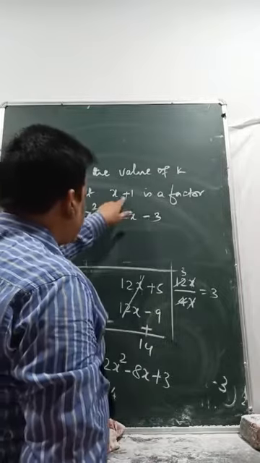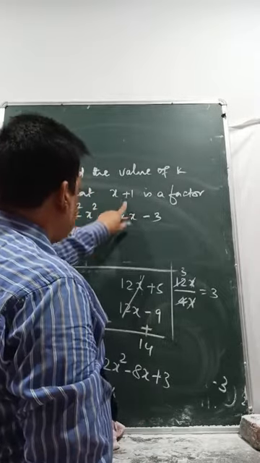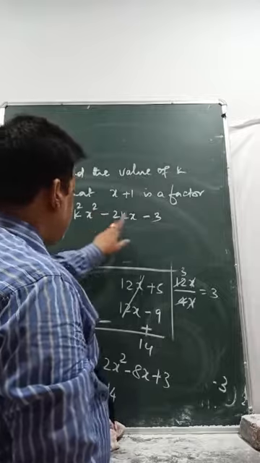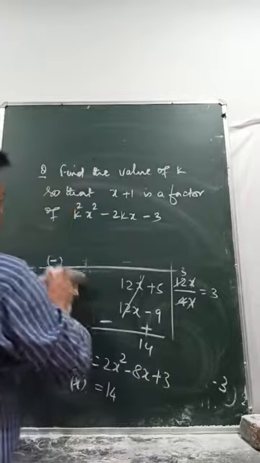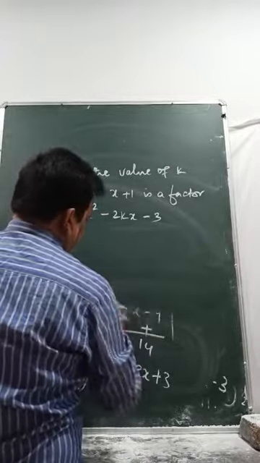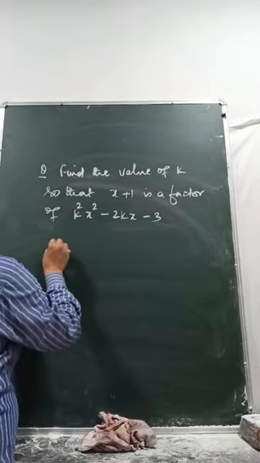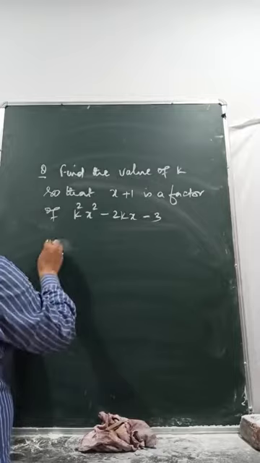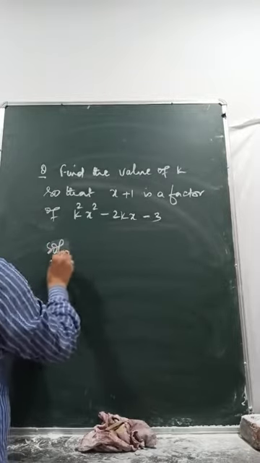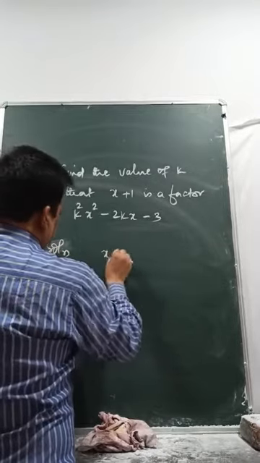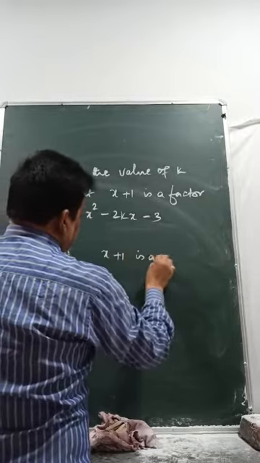If this is a factor, that means when you divide this, the remainder becomes 0. Now listen. x plus 1 is a factor.